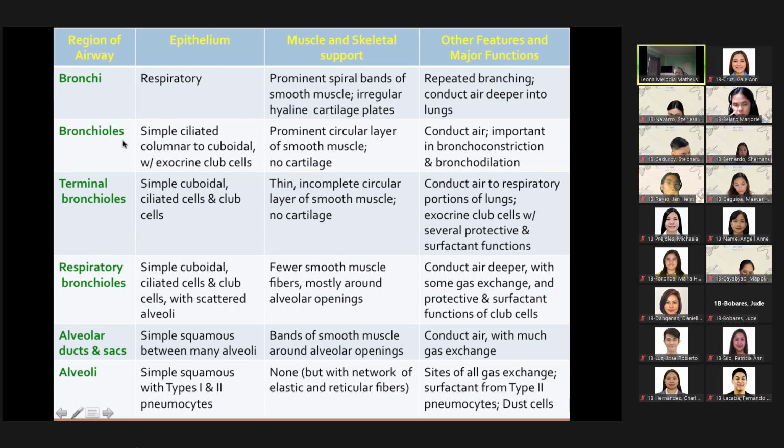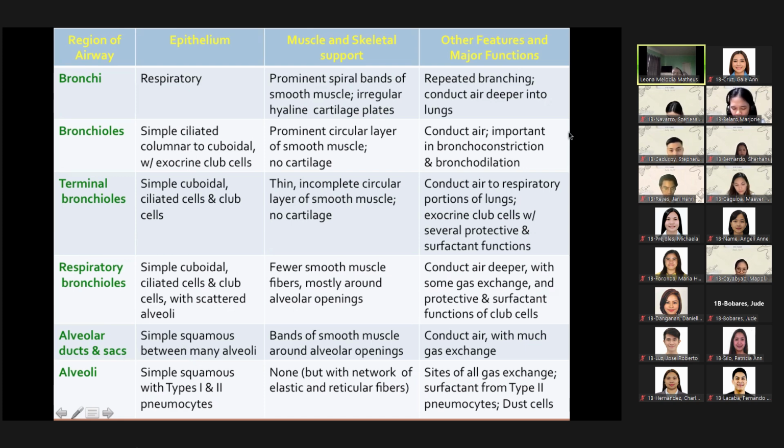For the bronchial, we simply consider the simple ciliated columnar. For the terminal bronchial, the simple cuboidal ciliated with club cells. And for the respiratory bronchial, again, we have the simple cuboidal ciliated with club cells with scattered alveoli. And lastly, for all structures with alveoli in their name, they are all lined with simple squamous epithelium. As we noted previously, we said they are extremely attenuated cells.